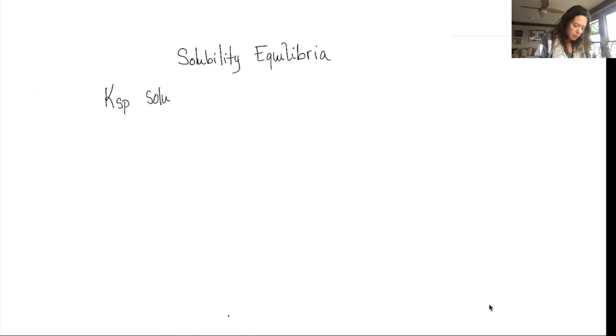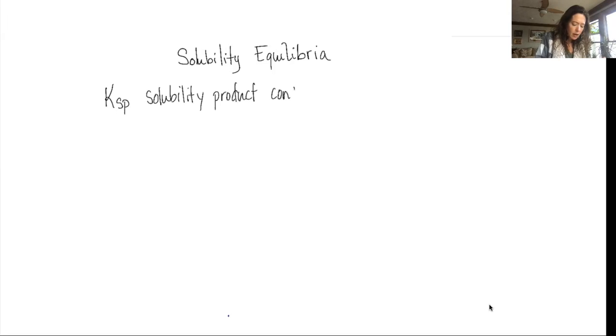All right, so we are talking about solubility equilibria. Students have a hard time with this, just because they get terms confused, and I understand, so I'm going to try to help you with that. Now, KSP is the solubility product constant.